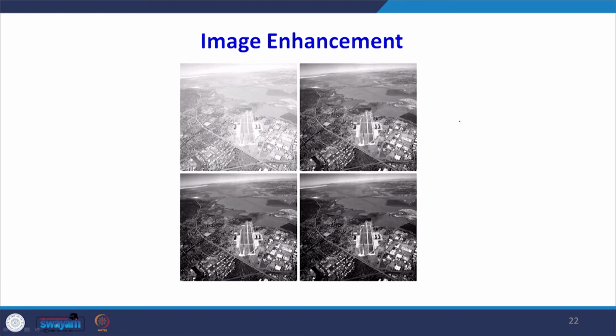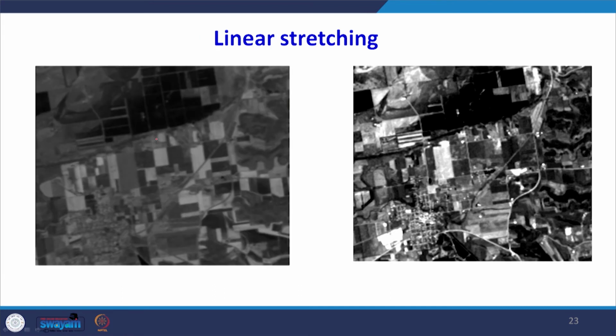Interpretation can be carried out from this image in a much better way, because the original image is not giving me enough information visually. So I have improved the visual quality of the image by using the linear contrast enhancement technique. On the left side is the satellite image where there are a lot of agricultural fields, but not very clear.